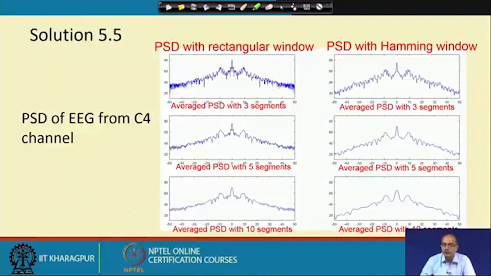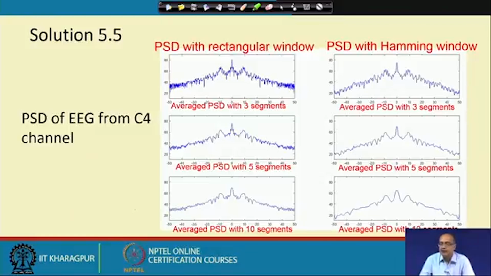So, we put all of them together to get a perspective of how they are changing. We get sharper peaks for the rectangular window, and among these examples the 3 segment average for the rectangular window is giving the sharpest peak and more undulations.